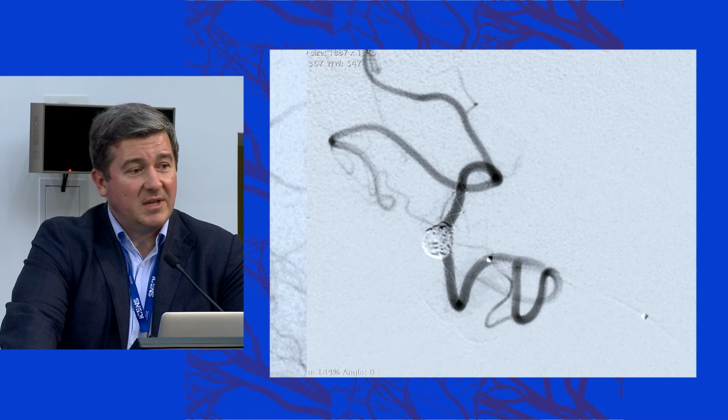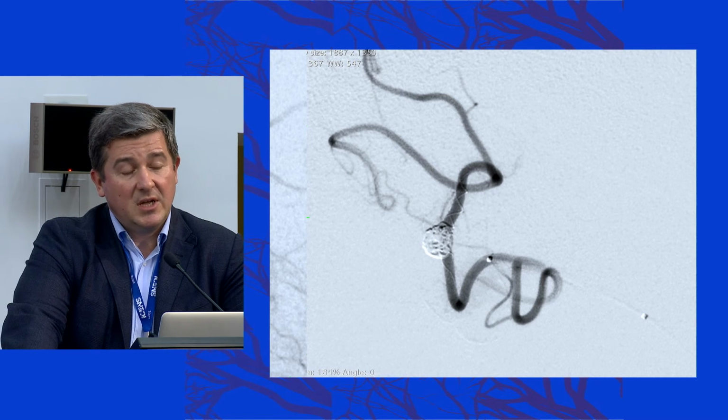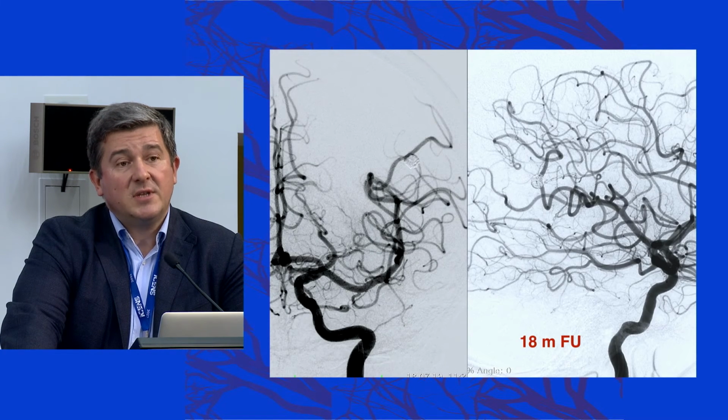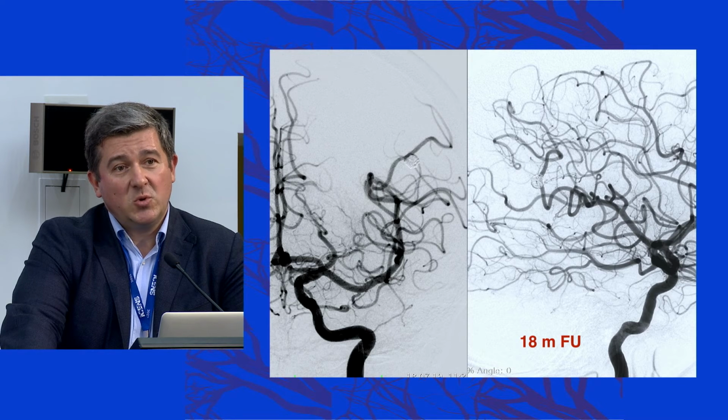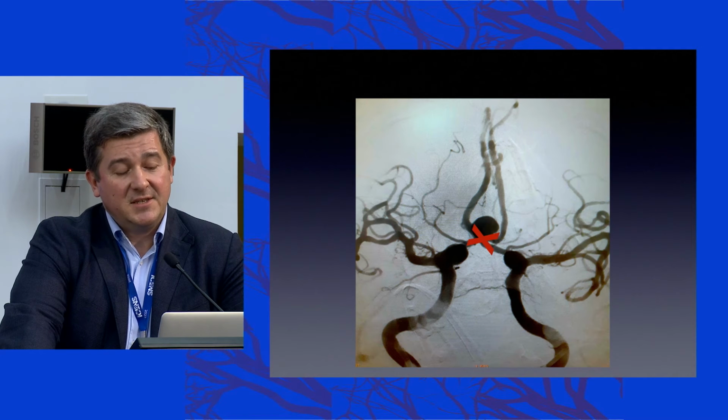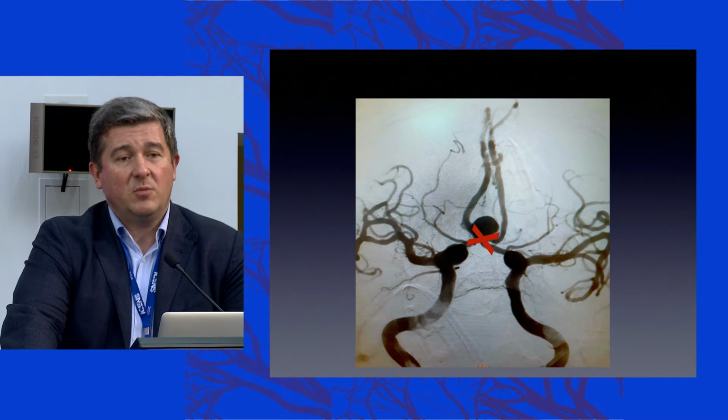because as a result, we can obtain full reconstructions and immediate aneurysm closure. We do not need to wait for 6 months as we do after a diverter. And it's also pretty safe for patients.